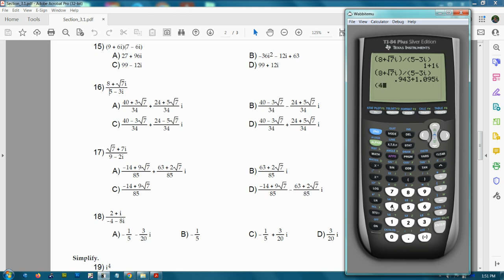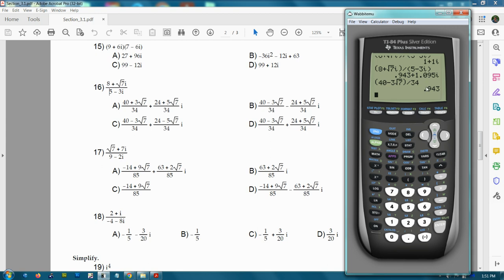In parenthesis, 40 minus 3 second function, square root of 7. Let me close that parenthesis. And the denominator, letter D, is 34. So divided by 34. Hit enter.